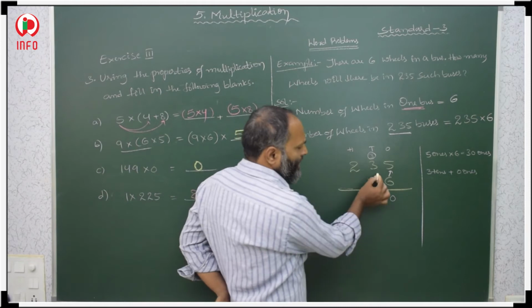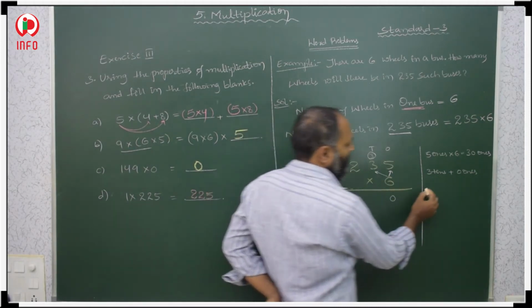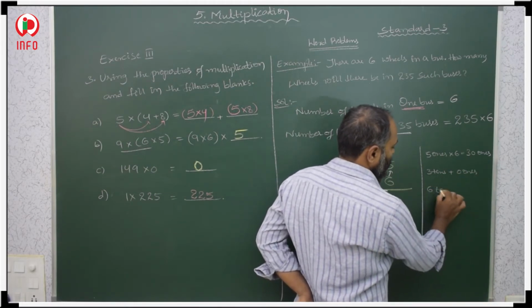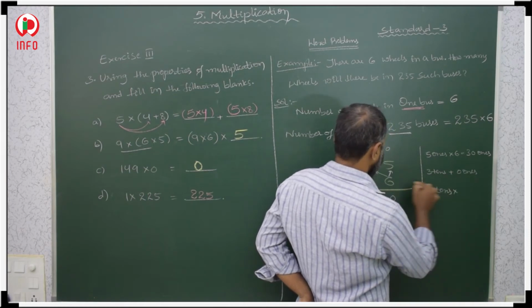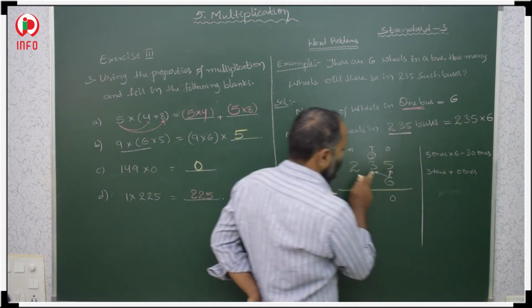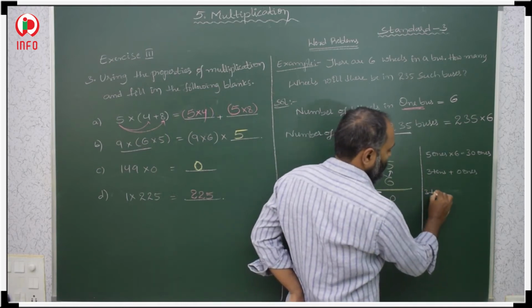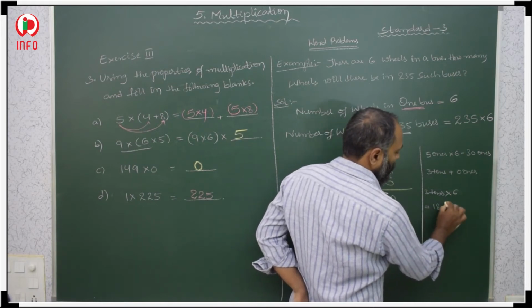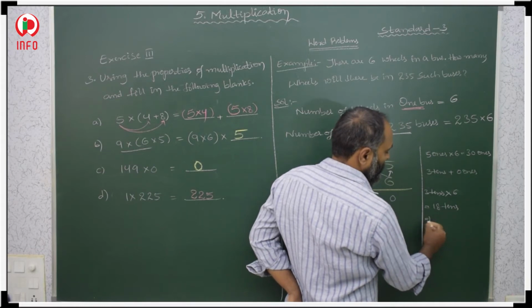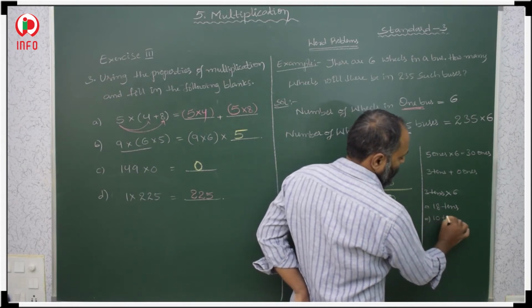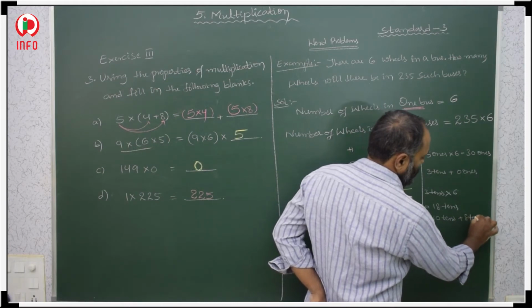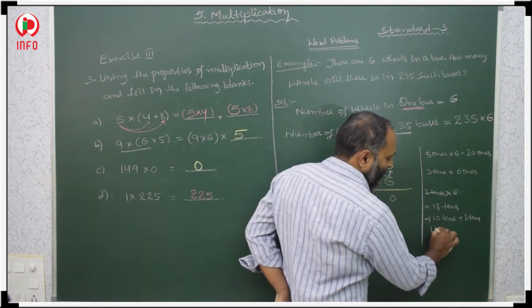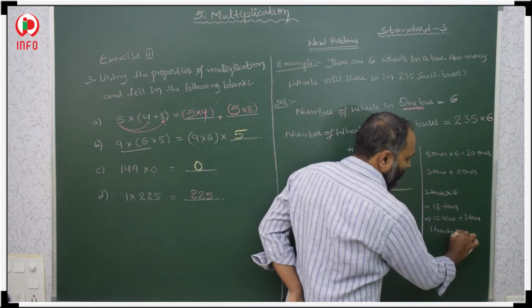Now 6 with 3, 6 3s are 18. Sorry, not 6 tens, 3 tens with 6. 6 3s are 18 tens. 18 tens is equal to 10 tens plus 8 tens. 10 tens is equal to 100. 100 plus 8 tens.